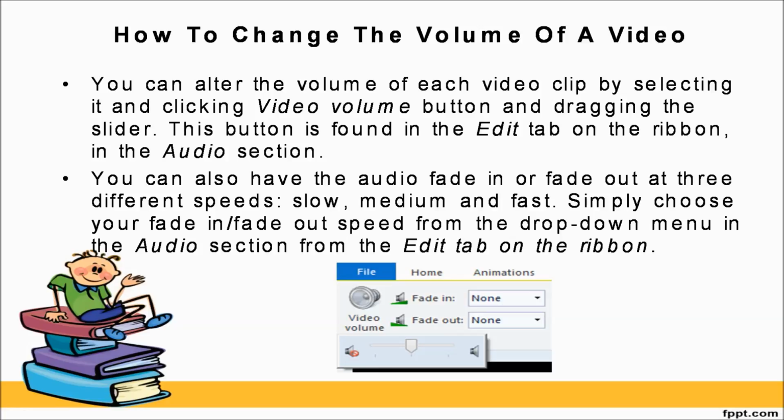You can also have the audio fade in or fade out at 3 different speeds: slow, medium and fast. Simply choose your fade in, fade out speed from the drop-down menu in the Audio section from the Edit tab on the ribbon.